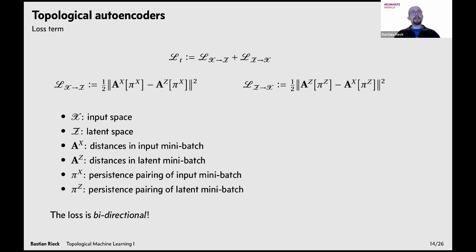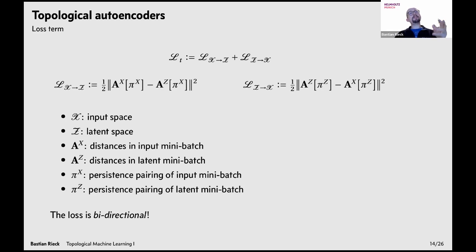But they are virtually similar. Let's just discuss the first one, going from X to Z. So this is evaluated by essentially calculating 1/2 of the squared Euclidean distances that we get when we take our distance matrix here in the input mini batch, and we subset that distance matrix using the persistence pairing of the input mini batch.